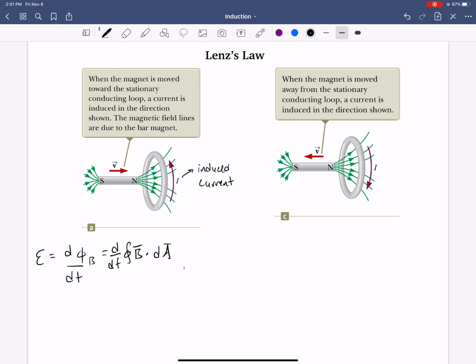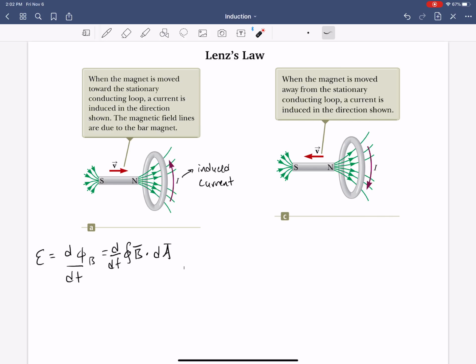Now, you may notice, if you've done the right-hand rule, that it's actually backwards to what your right hand should show you. If you put your fingers in the direction inside the loop that the green arrows show you, that would mean your thumb is pointing down over there and up over there. That's backwards to what's shown. That's because that current is the induced current.